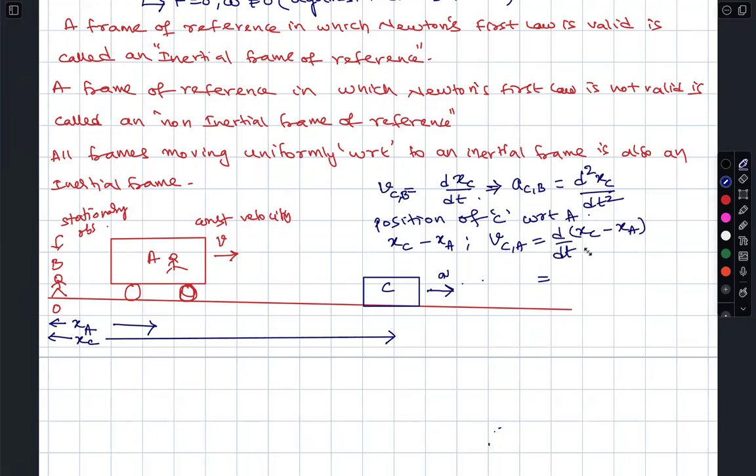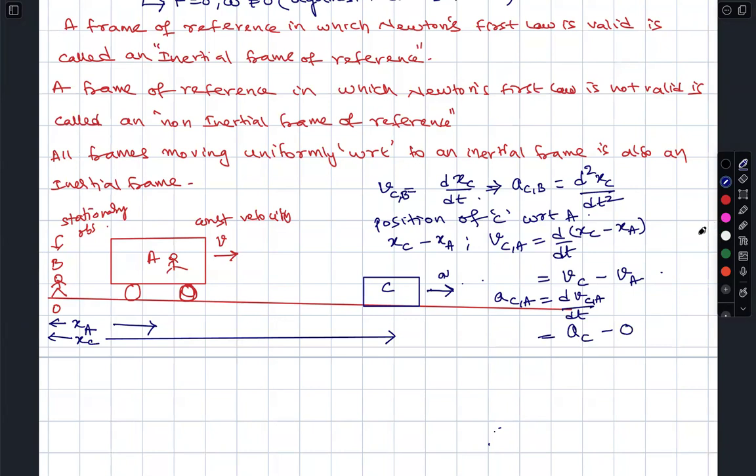This is nothing but that instant velocity of C minus velocity of A. This we already know because we have done this in the last week. Acceleration of C with respect to A is d VCA by dt, which is nothing but AC minus 0 because you are moving with constant velocity.